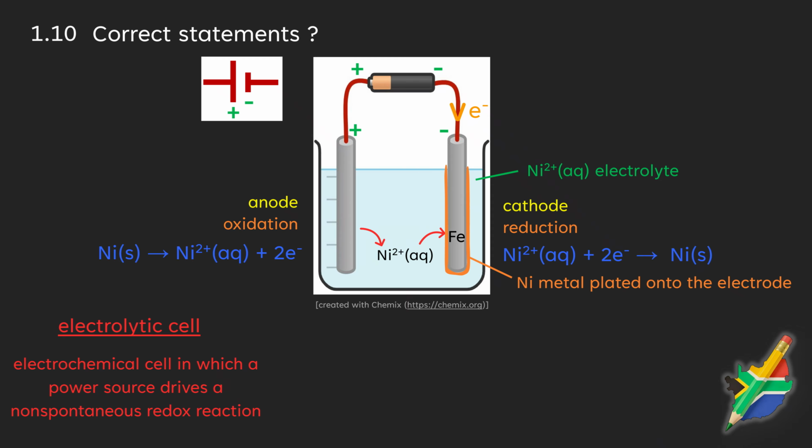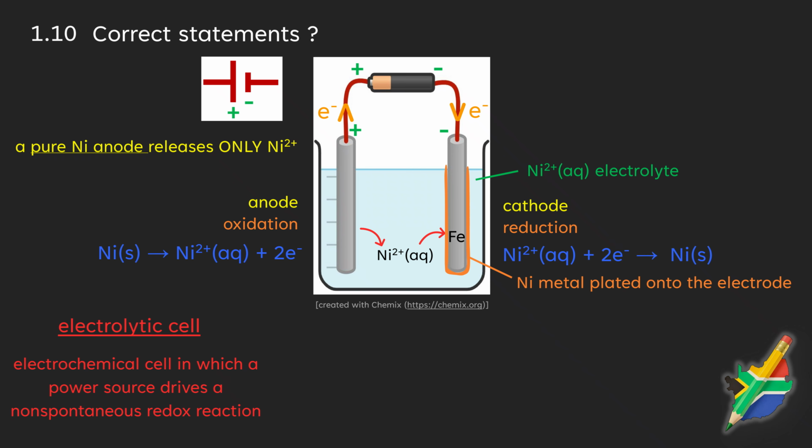Nickel atoms at the anode each lose 2 electrons and are oxidized to nickel 2+ ions, and the electrons lost travel up the wire. But is the anode pure nickel or not? If it is pure nickel, it releases only nickel 2+ ions into the electrolyte, and it will maintain the nickel ion concentration in solution, even though nickel ions are leaving solution as they plate onto the iron rod.